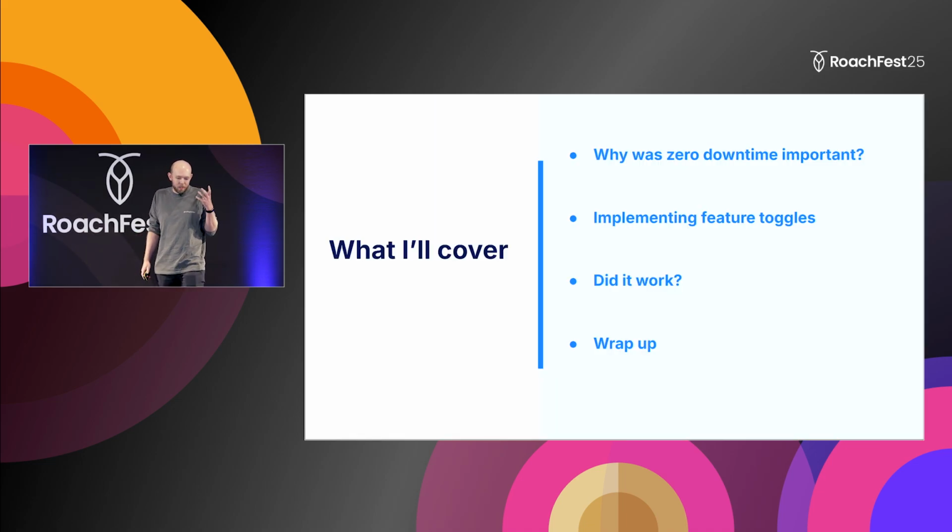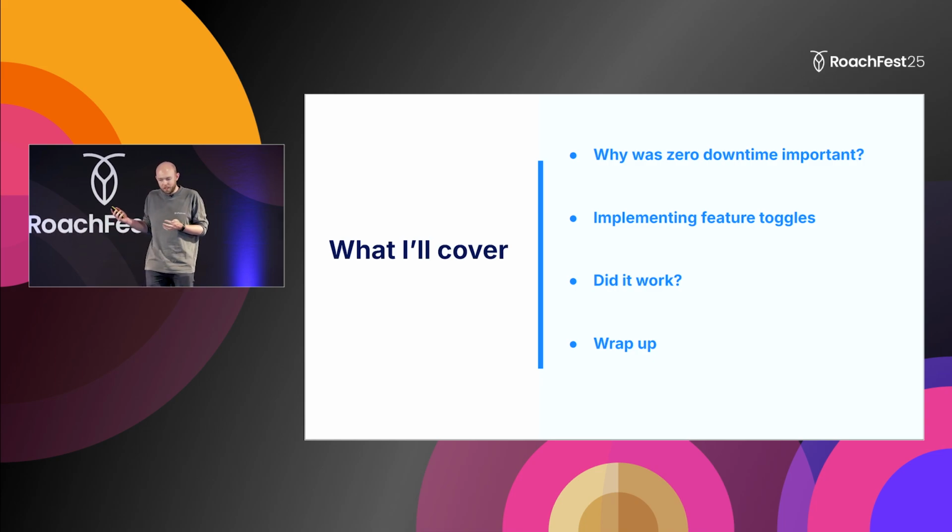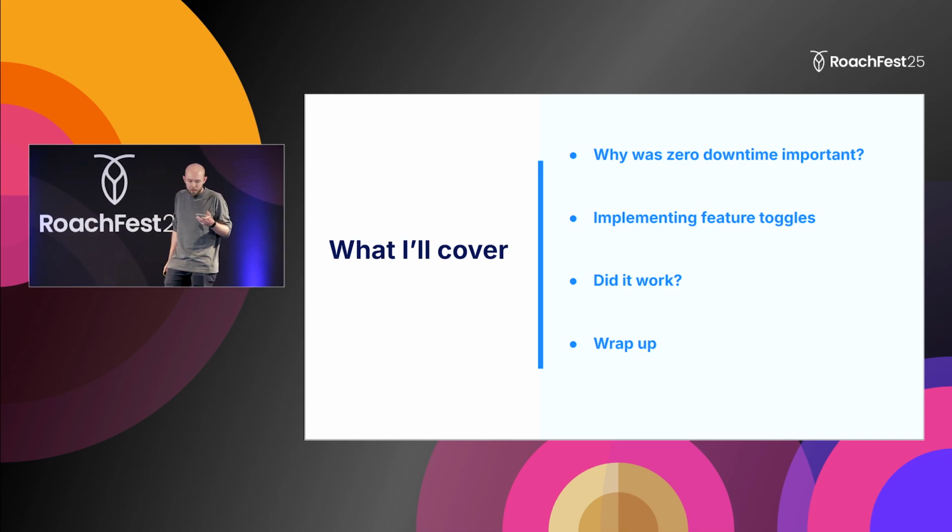What I will cover here is not actually why we chose Cockroach, because I think lots of other talks will cover that, but specifically how we managed to migrate to Cockroach, and particularly doing this with zero downtime. So I'll talk a little bit about why zero downtime was important to us.